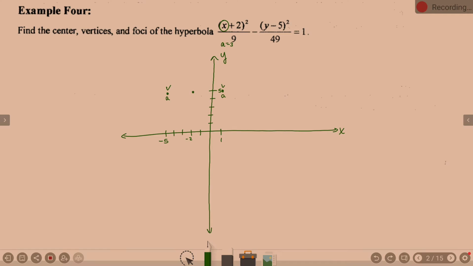Okay, what's B? 7. Okay, B is 7. And which way do I count 7? Up and down, because it is under the Y, and Y's go up and down. Yes? So we're going to count from our center up and down 7.